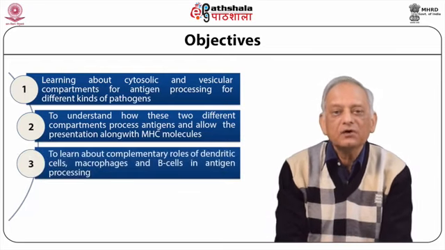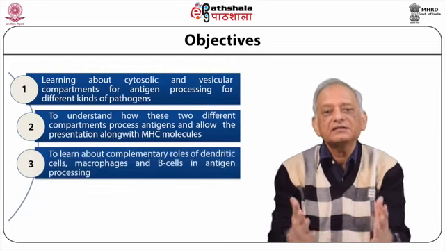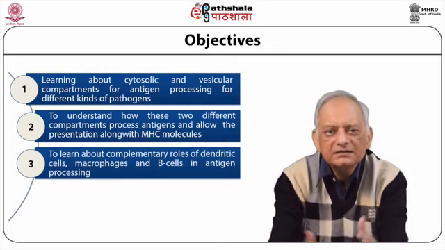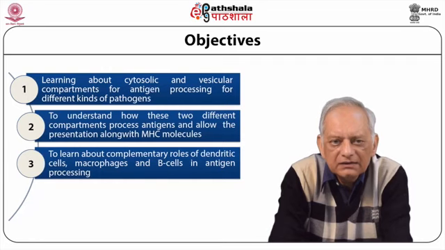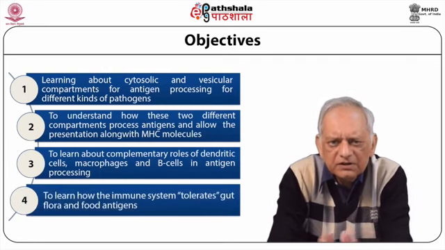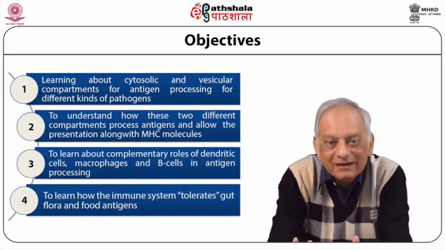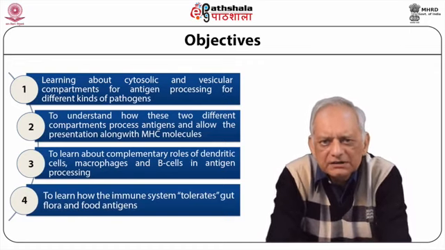We'll also learn about complementary roles of dendritic cells, macrophages and B cells in antigen processing. Finally, we'll also learn briefly about how the immune system tolerates gut flora and food antigens.